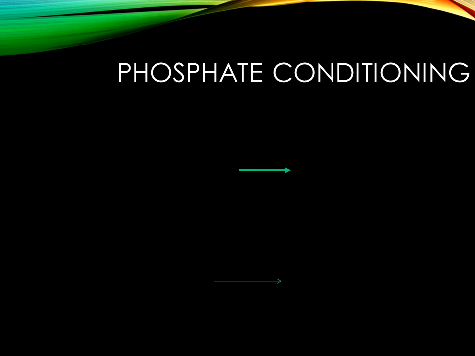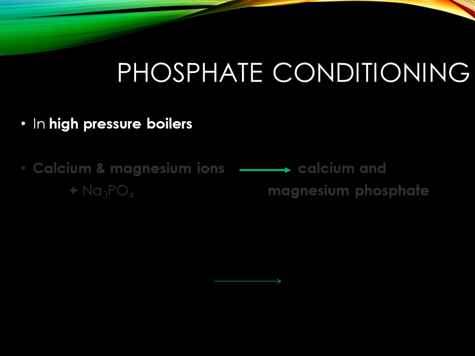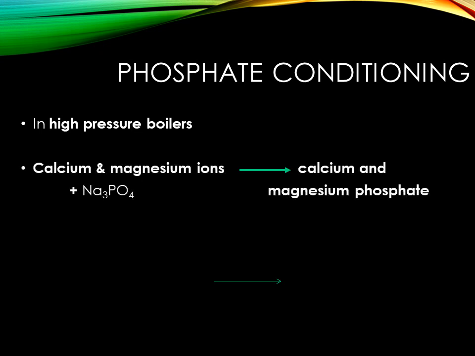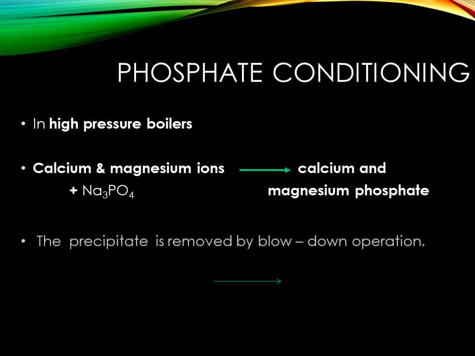Then phosphate conditioning. In high pressure boilers, we use this phosphate conditioning. See, look at this equation. Calcium and magnesium ions present in water, when treated with sodium phosphate, give you calcium and magnesium phosphate.